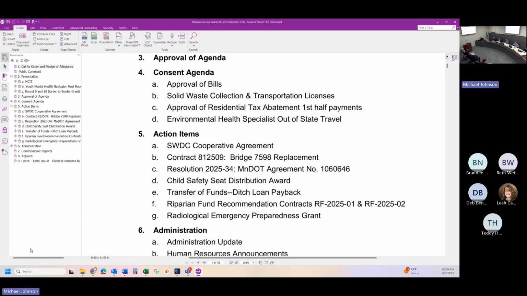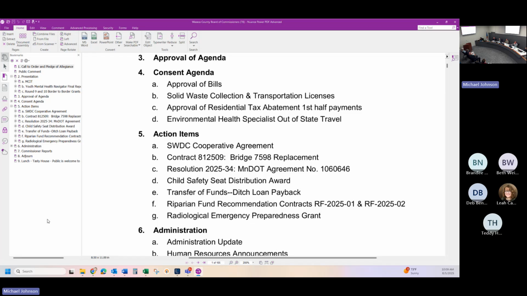Motion carries. Consent agenda: approval of bills, solid waste collection and transportation licenses, approval of residential tax abatement first half payments, and environmental health specialist out-of-state travel. Is there any discussion to that?